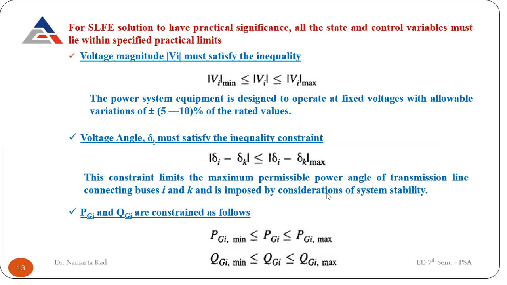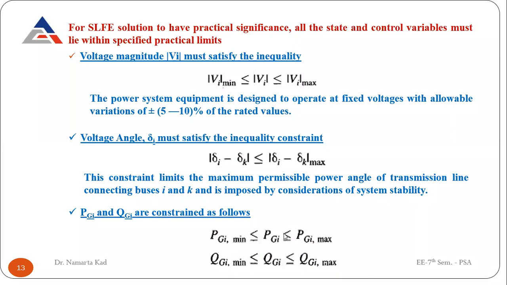and is imposed by considerations of system stability. And similarly, PGi and QGi are constrained as follows: the generated real power must be within its minimum and maximum value, and similarly the reactive power is also within its minimum and maximum value. These limit values are given in the question.